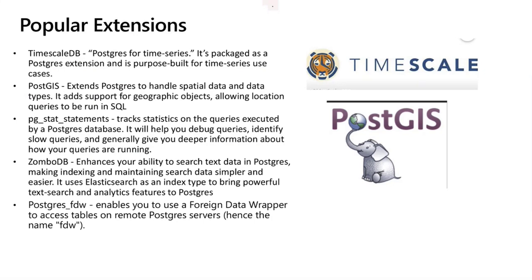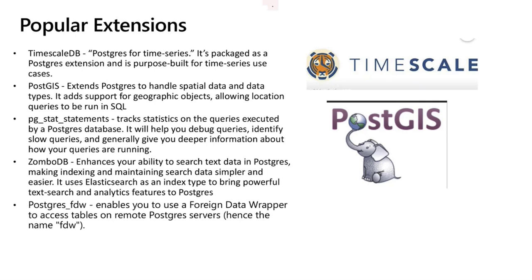It just tells you how extensions can make what you would typically say is a relational database, which is why we call Postgres an object relational database, behave very differently. Timescale is Postgres for time series. It's built to run time series types of workloads and to store time series data, which is not very easy to store in your typical relational database.